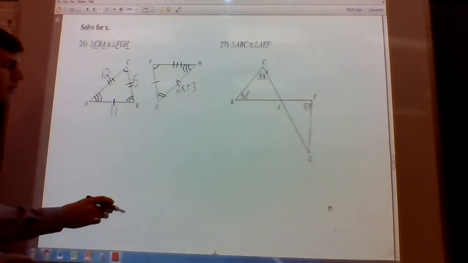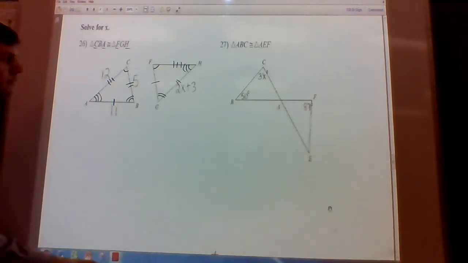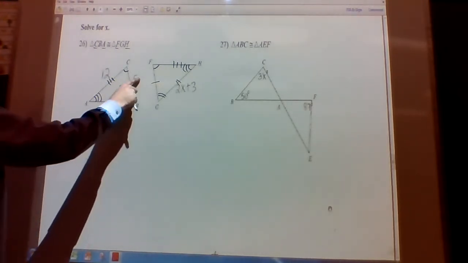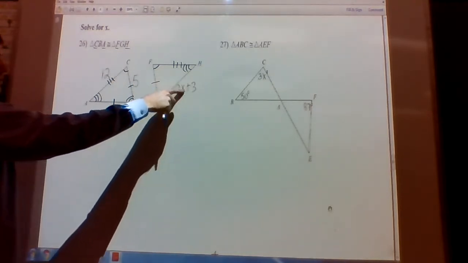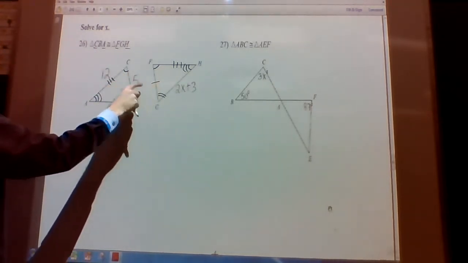So we notice that we have CB is congruent to, what do we do around here? Hold up. So we said CB was congruent to FG.